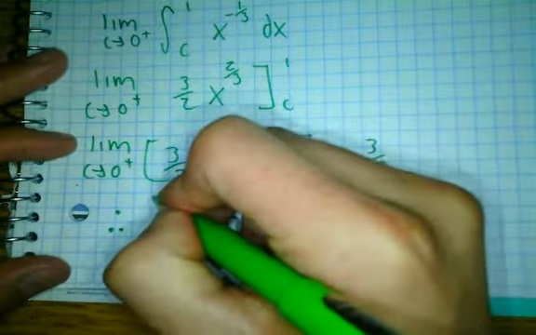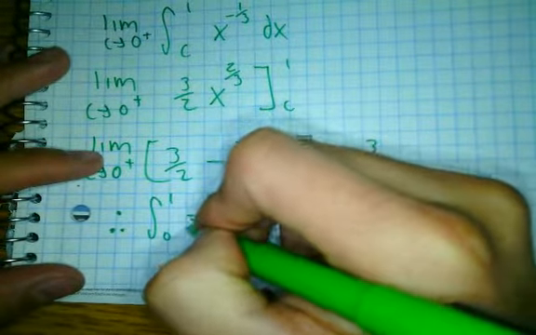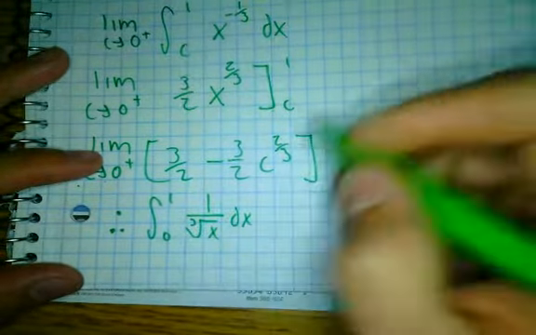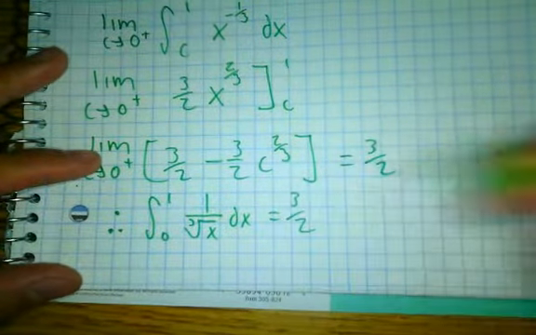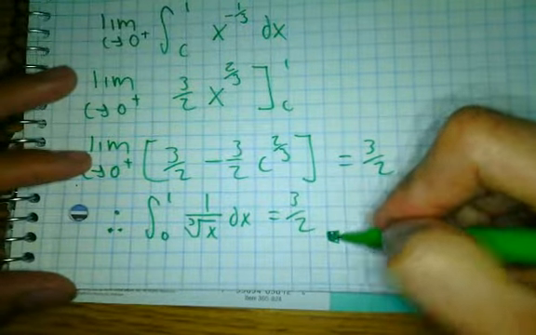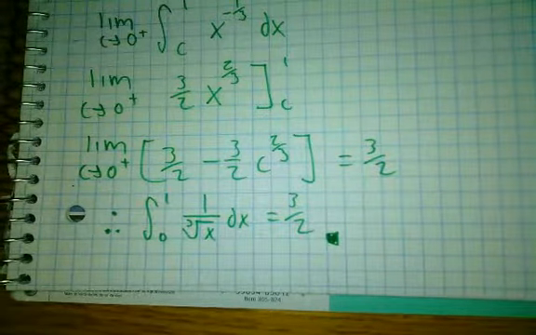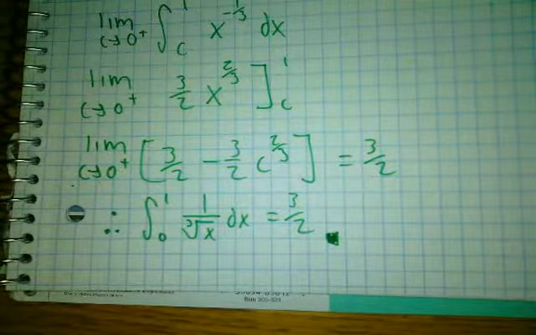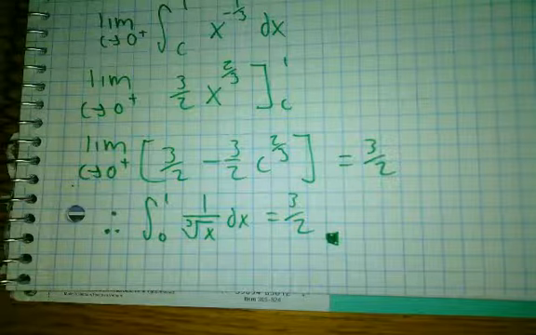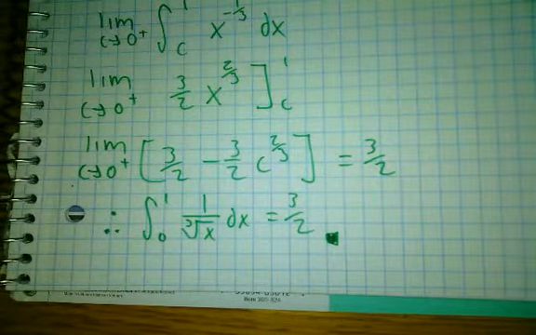Therefore, the integral from 0 to 1 of 1 over the cube root of x dx converges and is equal to 3/2. Okay with that? Questions?